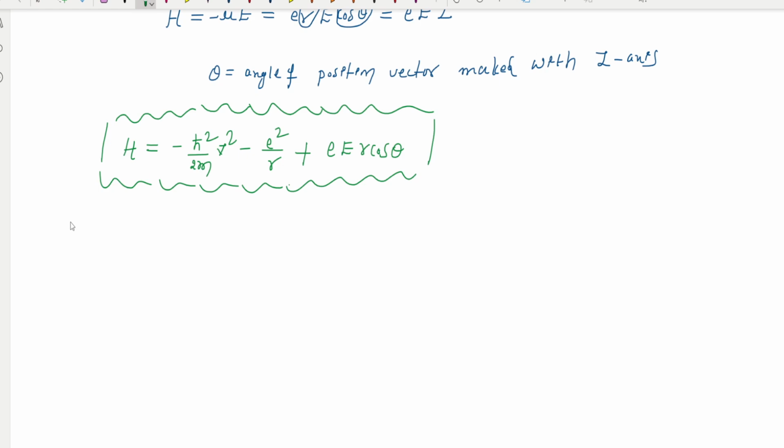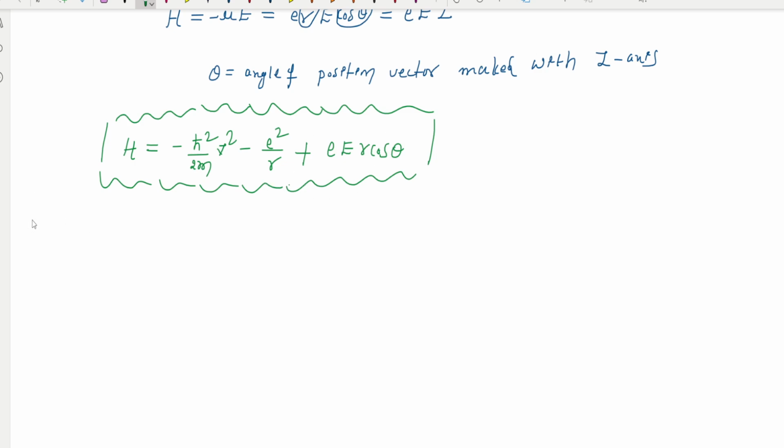In case you further complicate things, with the variational method or WKB method, you will get non-uniform electric field. Right now, we are focusing only on this situation.